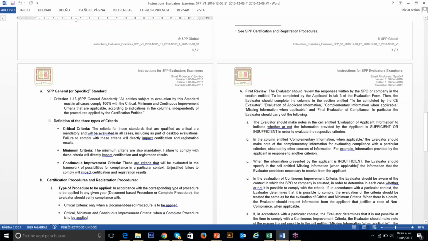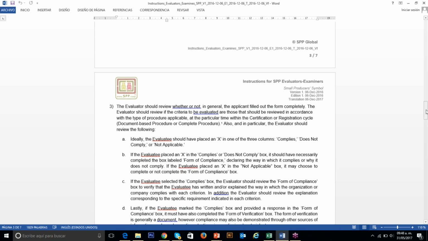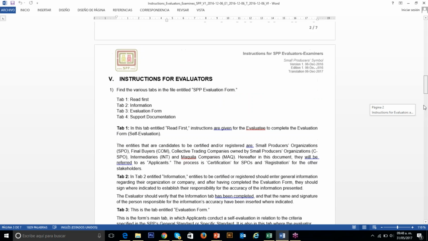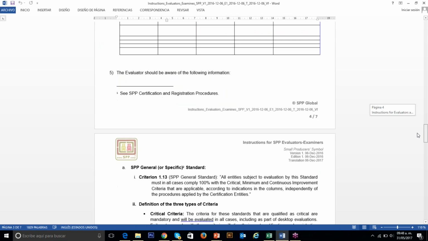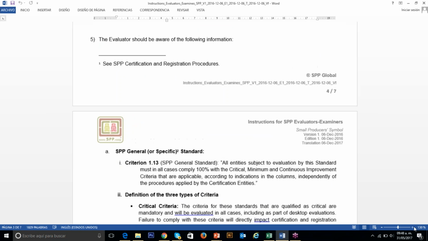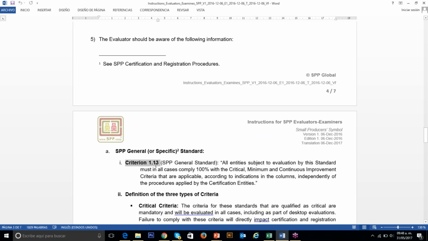It is important that they know this criterion of the general standard. It says, criterion 1.13: All entities subject to evaluation by this standard must in all cases comply 100% with the critical, minimum, and continuous improvement criteria that are applicable according to indications in the columns, independently of the procedures applied by the certification entities.